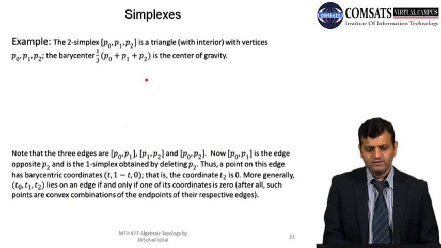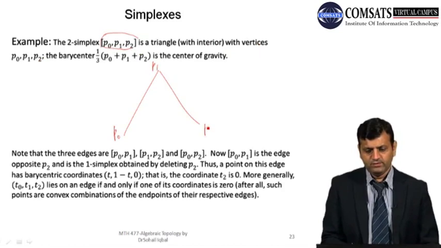The 2-simplex generated by 3 points is a triangle with interior, with vertices P0, P1, P2. Let's say this is my point P0, this is point P1, and this is point P2. Then the 2-simplex is the triangle, and the interior is also part of this 2-simplex.